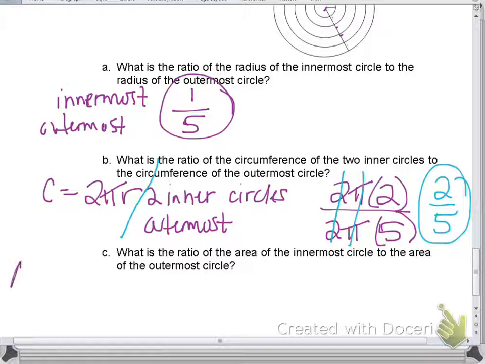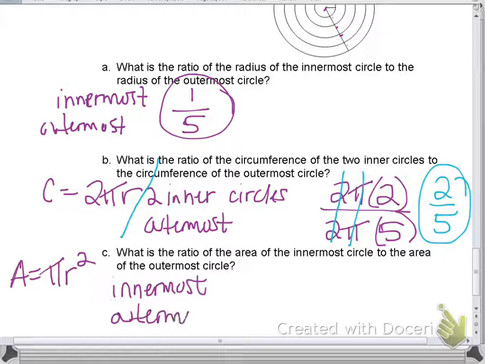So the last one, the ratio of the area now. So area is pi r squared for a circle. So we're looking at the innermost again to the outermost again, just like we did in the first one. But this time we're filling in area. So the area of the innermost, the radius is 1, so it's going to be pi times 1 squared.